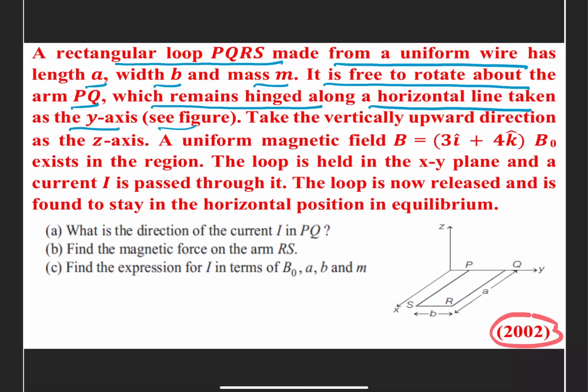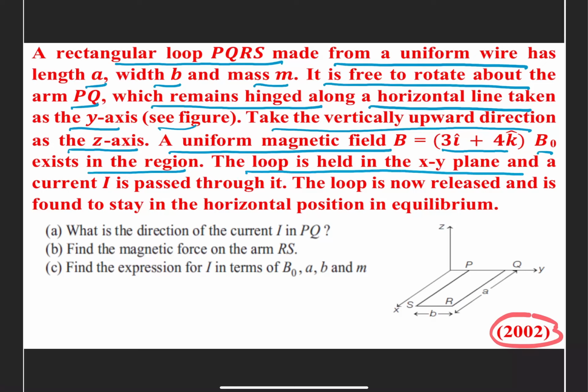See figure. Take the vertical upward direction as the z-axis. A uniform magnetic field B equals 3I plus 4K B naught exists in the region. The loop is held in the xy plane and a current I is passed through it. The loop is now released and is found to stay in the horizontal position in equilibrium.